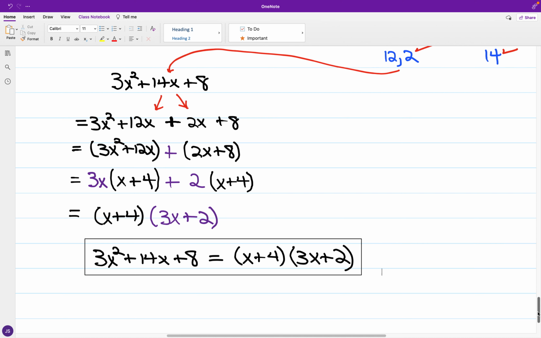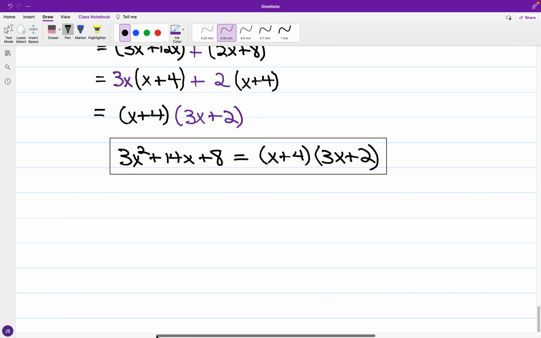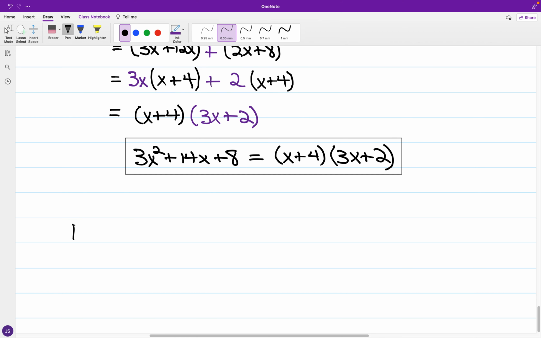All right, let's say we have a case where the numbers will be somewhat raised. Tell you what, let's say you have factoring 10x squared plus, let's see.